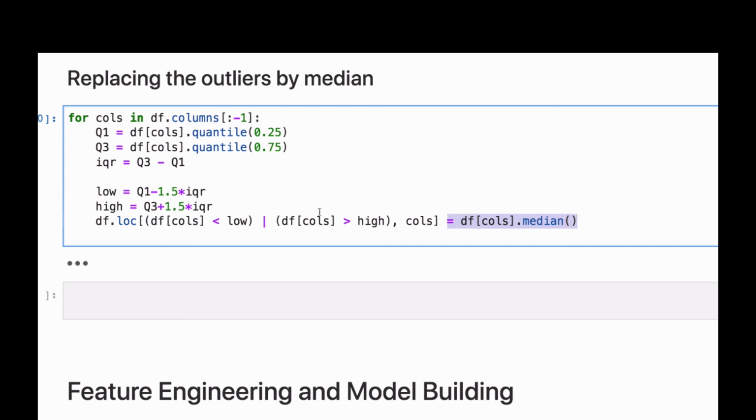Remember, we find the columns in df.columns with the exception of strength. That's why we're counting from the back, saying negative 1. If you're familiar with NumPy, you know negative indexing, counting from the back, starts from negative 1. So we are taking everything with the exception of strength, which is at the last position.